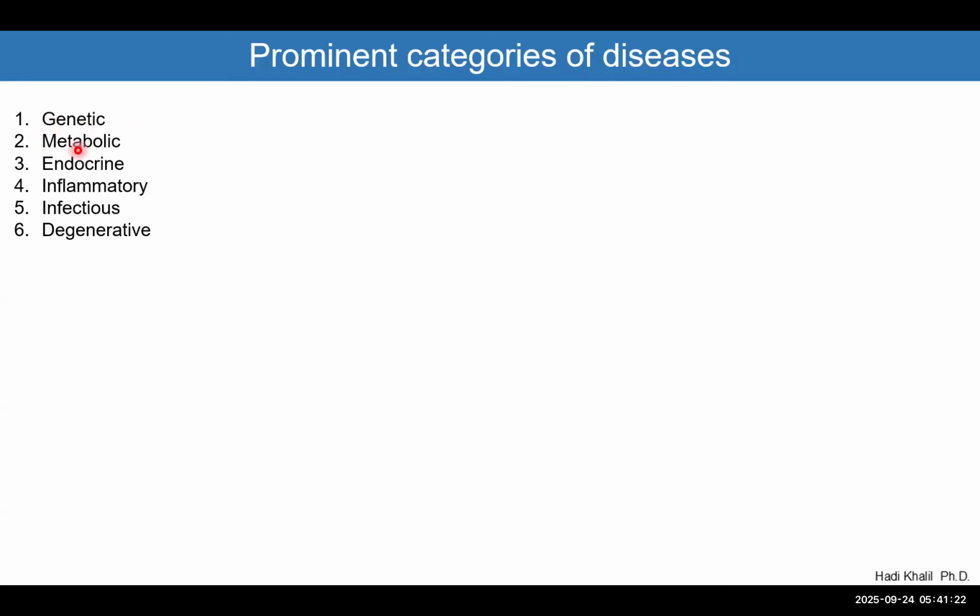For example, in the metabolic diseases, definitely we will have to discuss how the genes are responsible for the generation of ATP and the energy in the cell. And definitely we have to discuss the cellular biology, the organelle which is responsible for that, that is the mitochondria. And then we will discuss the shift from the steady state to the disease state.